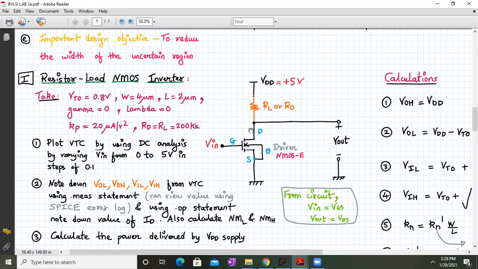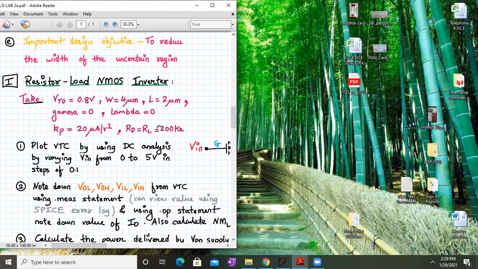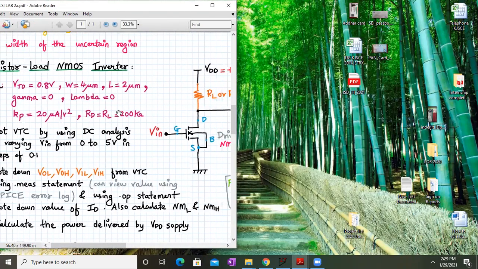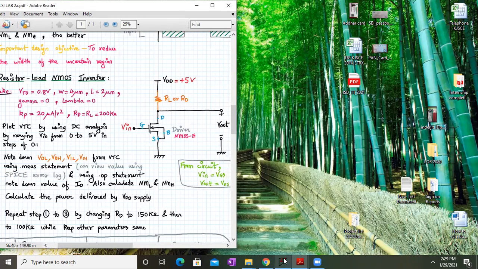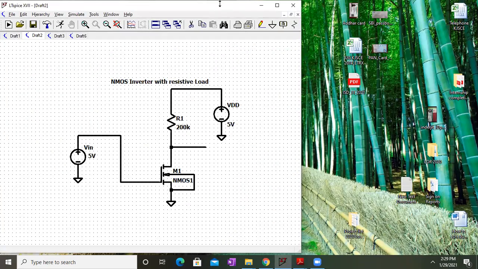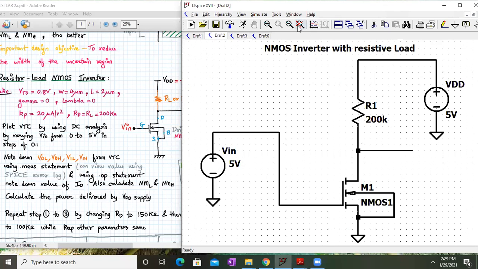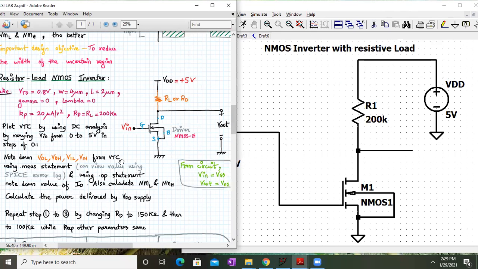So let us start building this circuit in LTspice. I'll keep this window slightly open like this, and then I'll open LTspice. Just to save time, we have already built the circuit and kept it ready for your reference. So this is my resistive load NMOS inverter.